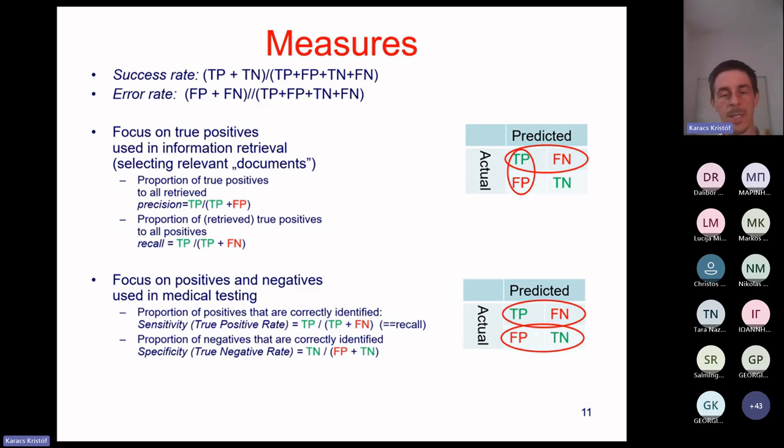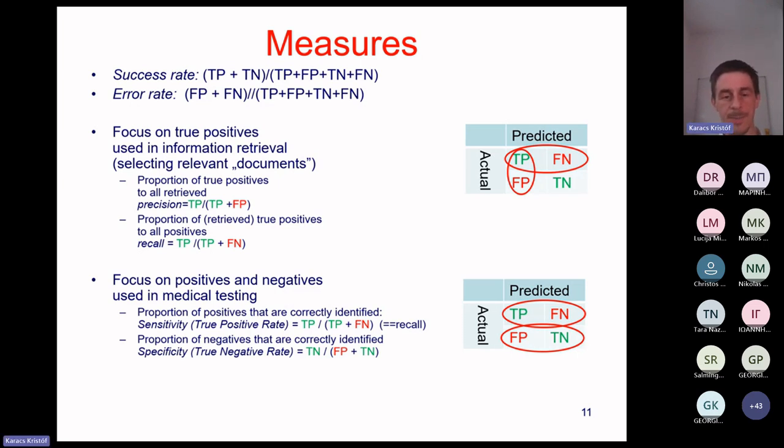And the corresponding other evaluation metric here is called specificity, which basically predicts the ratio of the correctly negative predictions to all the negative samples. So we have to add in the denominator the false positives and the true negatives to get the total number of negative samples in the dataset.